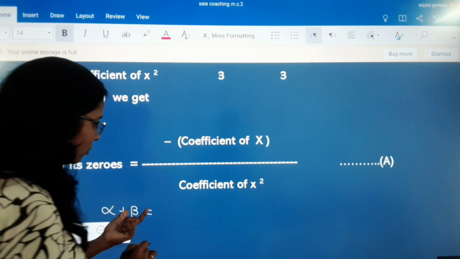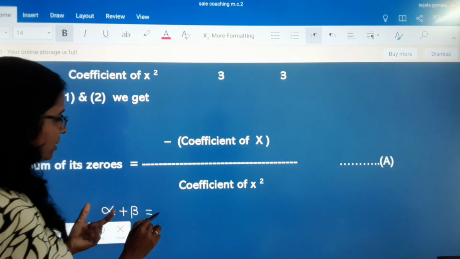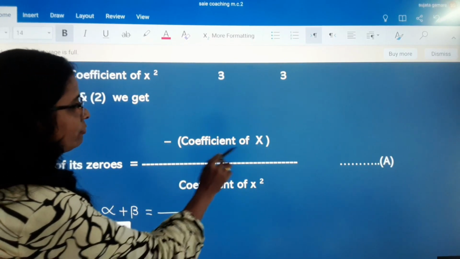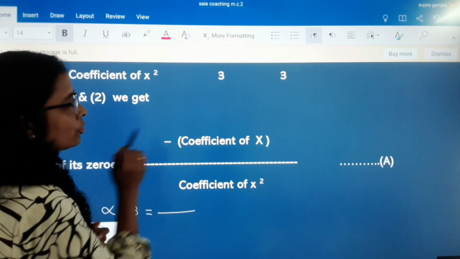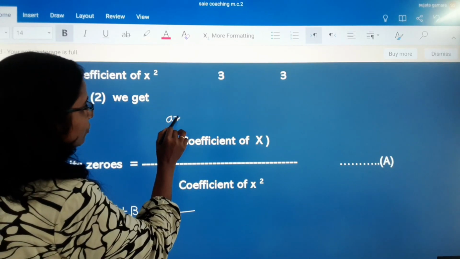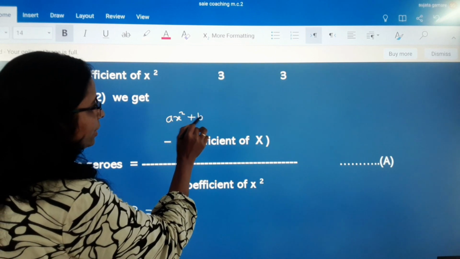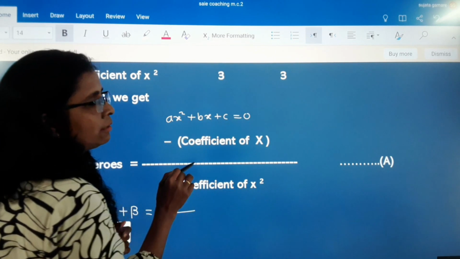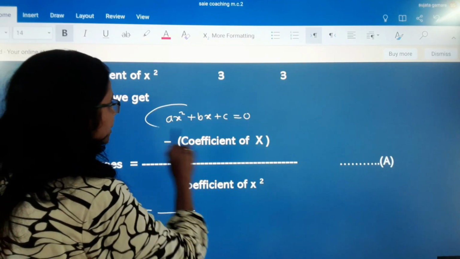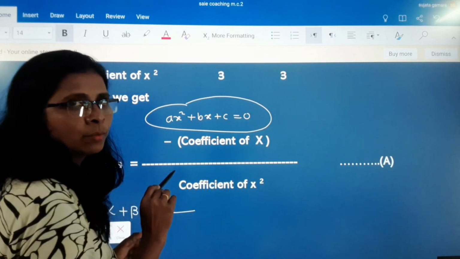Then the coefficient of x: ax square plus bx plus c is equal to 0, our standard form of quadratic polynomial.